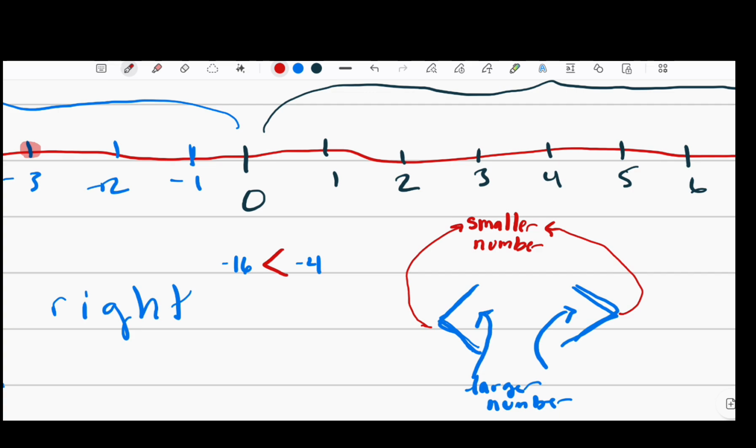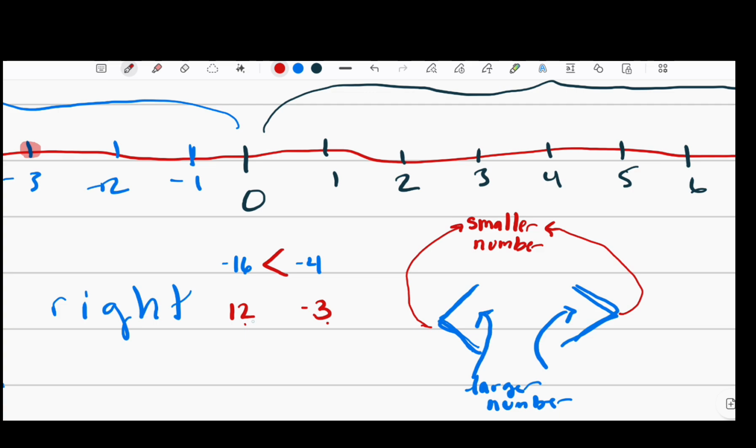Every time. So if I said that we have 12 and -3. All right? I'm just showing you things that you know. So you know I'm not lying about these symbols. Now, on the number line, out of 12 and -3, which one of these would be on the right side?